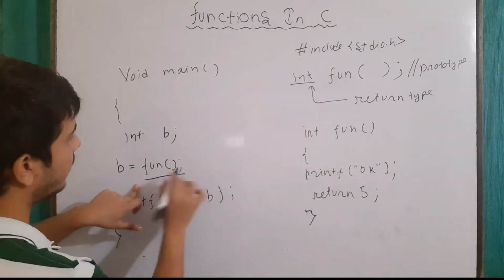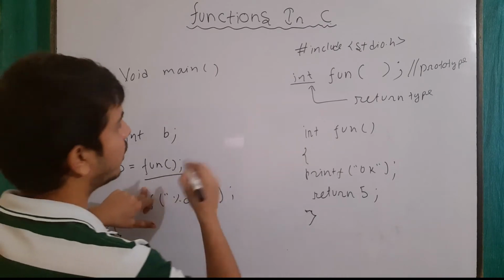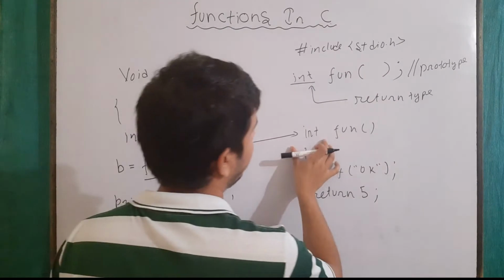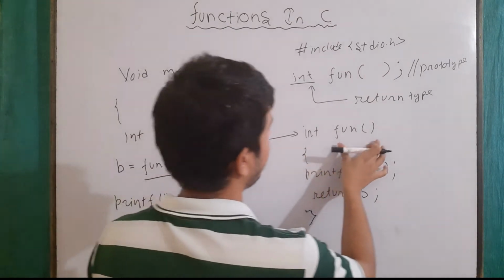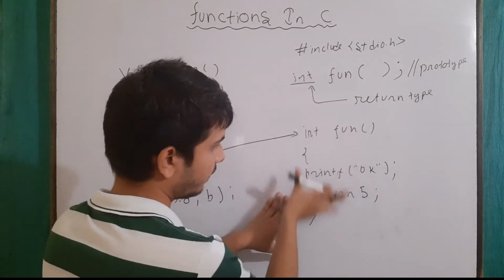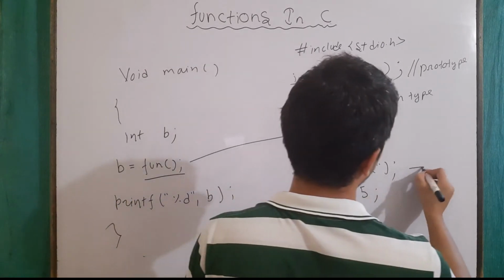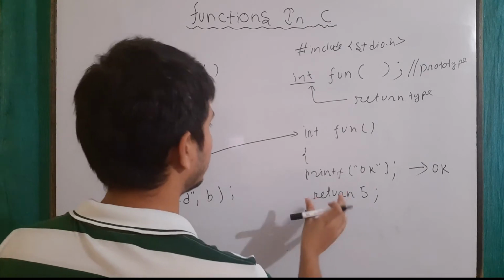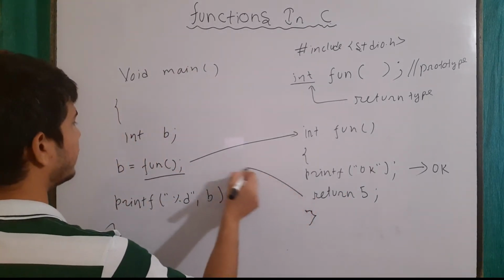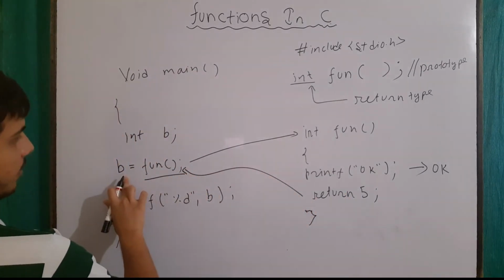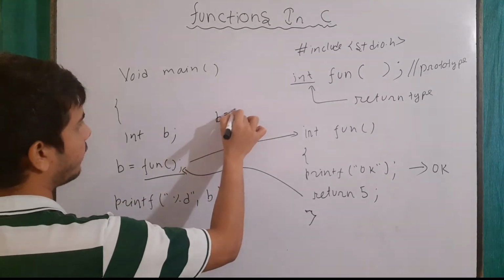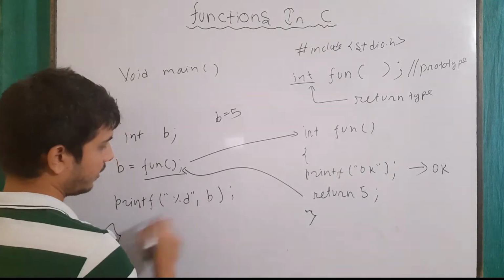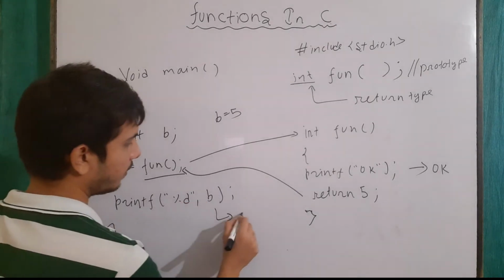This is calling our function, so the program control will go here, and it will see that the return type is integer, then it will keep on executing the function. First it will print ok, and in the output it will give ok, and then it is returning 5. Whatever is returned here will be assigned to b, so now b will become 5. And when I execute this printf, the output will be 5.